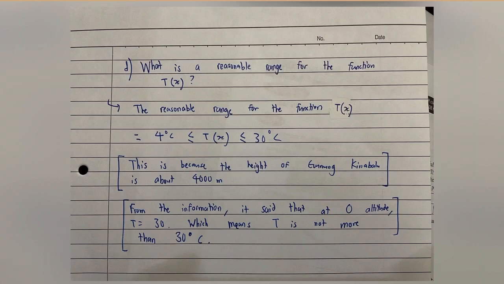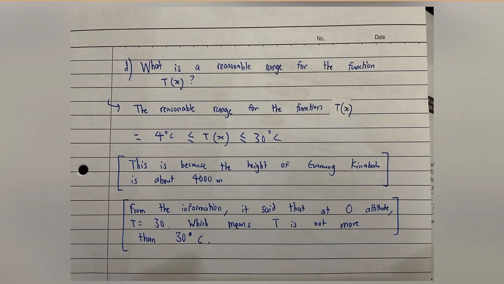And now, question D. What is a reasonable range for the function T(x)? So the reasonable range for the function T(x) is 4 degrees Celsius is less than or equal to T(x), and T(x) is less than or equal to 30 degrees Celsius.